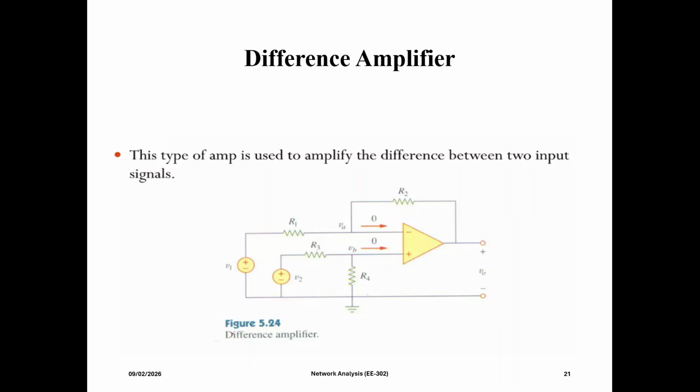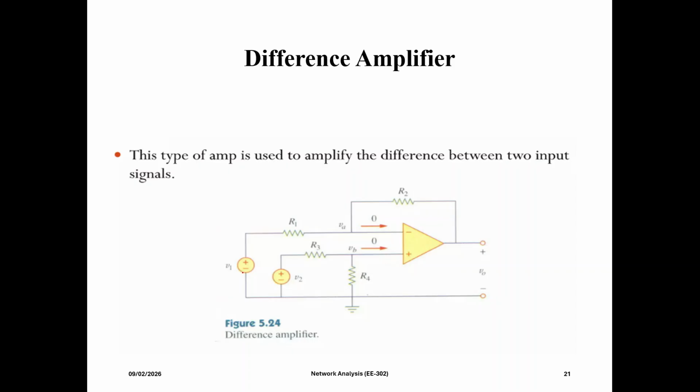Figure 5.24 shows the difference amplifier equivalent circuit. It has two input signals V1 and V2 applied through resistors R1 and R3. The goal is to produce an output proportional to V2 minus V1.